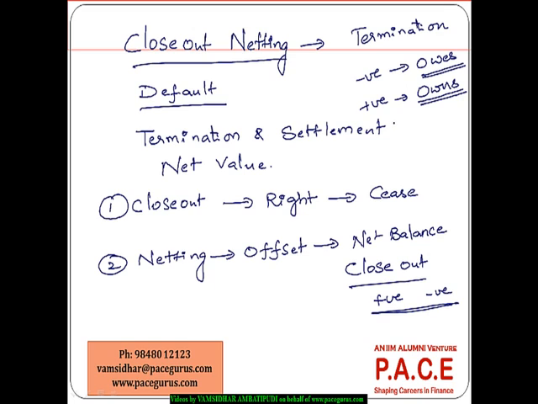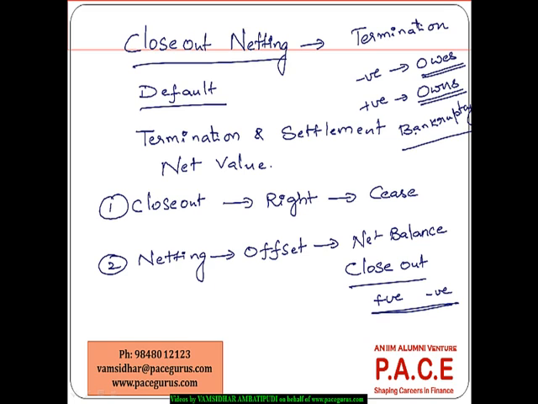Then the solvent counterparty could initiate a bankruptcy claim for this amount. So the surviving or solvent institution can immediately realize the gains on the transaction against the losses on the other transactions.